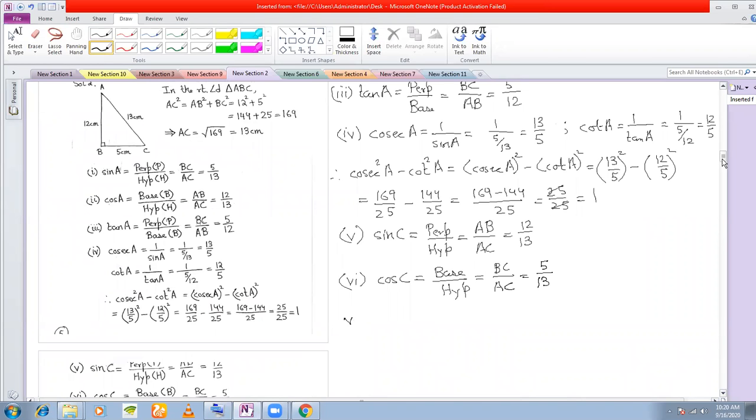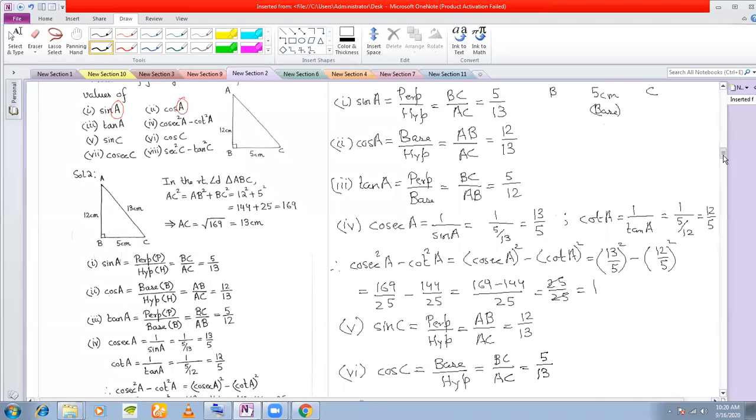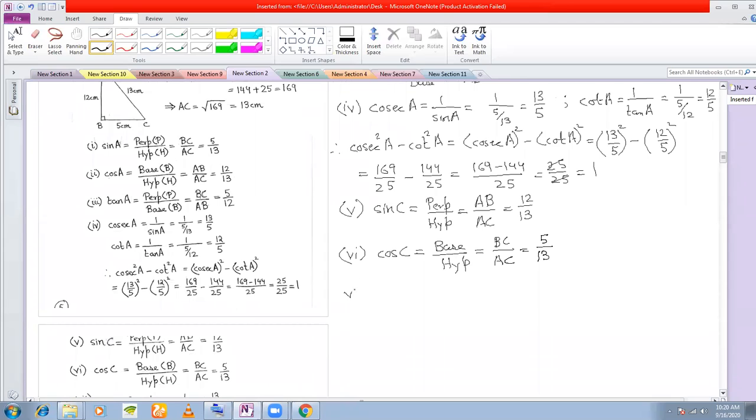The next question is cosec C. You know cosec is the reciprocal of sine. So cosec C is equal to 1 by sine C. Sine C we have got as 12 by 13. So this becomes 13 by 12.